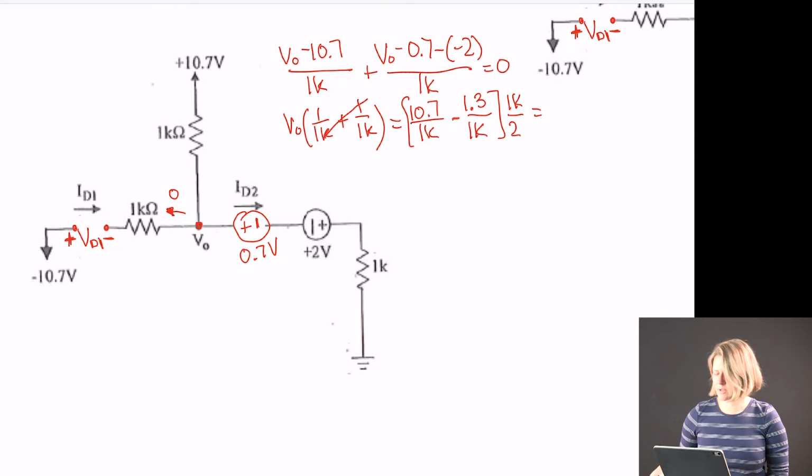And so I get my V0 value, which ends up being 4.7 volts.